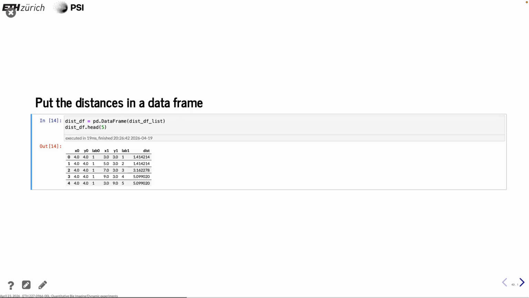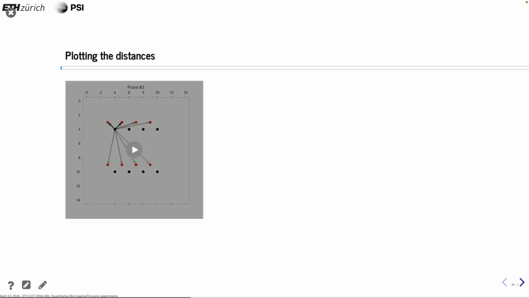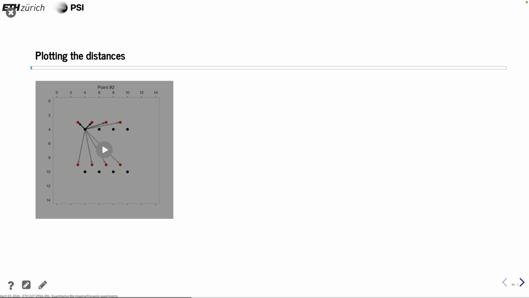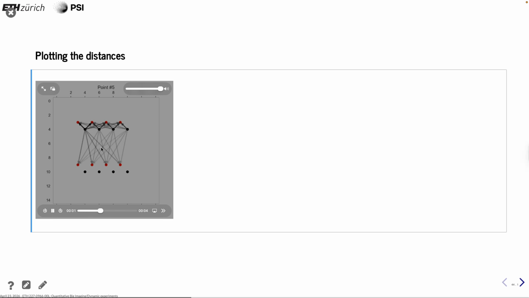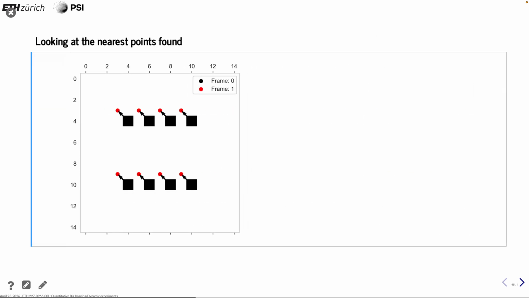And then we compute all the distances, and we can see what it looks like. We can even do a little visualization, a movie, showing stepwise how each point computes the distance to all the others. And then we can see the result, the first to the second frame, that all point up towards the left.